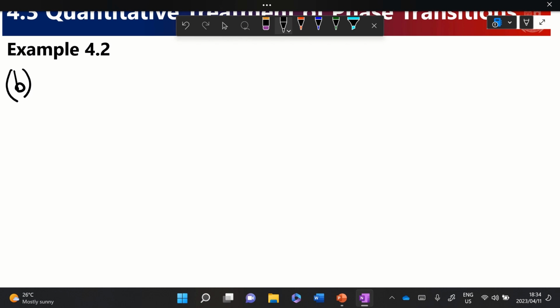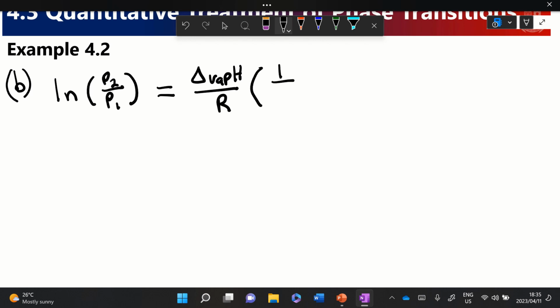And for that, of course, we can use the Clausius-Clapeyron equation in its integrated form. So we can start with ln of P2 over P1 equals the enthalpy of vaporization divided by R, times 1 over T1 minus 1 over T2. And then we just need to take the exponential on both sides.